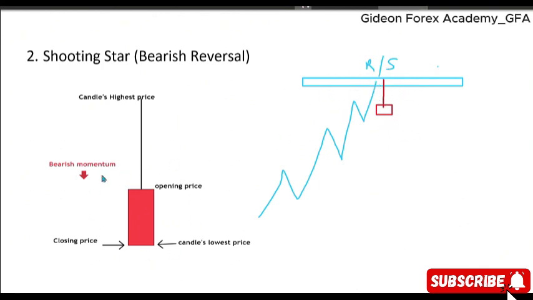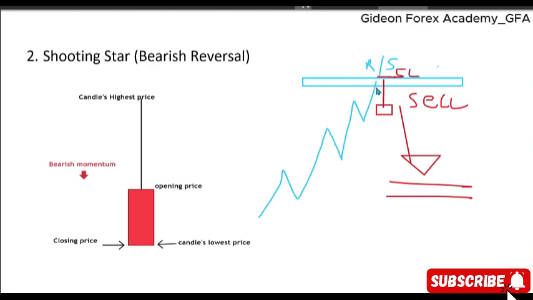So if this candle forms at a supply or resistance zone, you are looking at selling. So you would place your sell order and target lower prices down here, and your stop loss would be just above the wick of this shooting star.